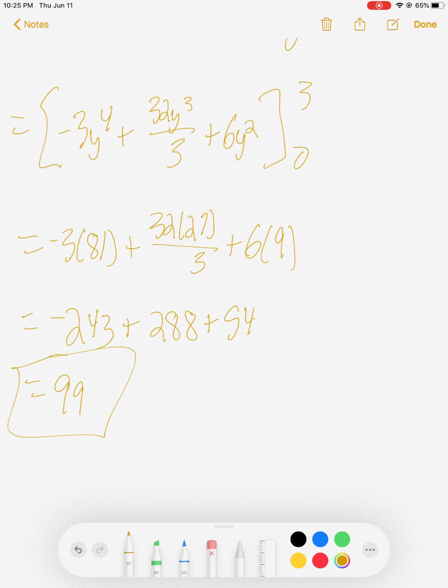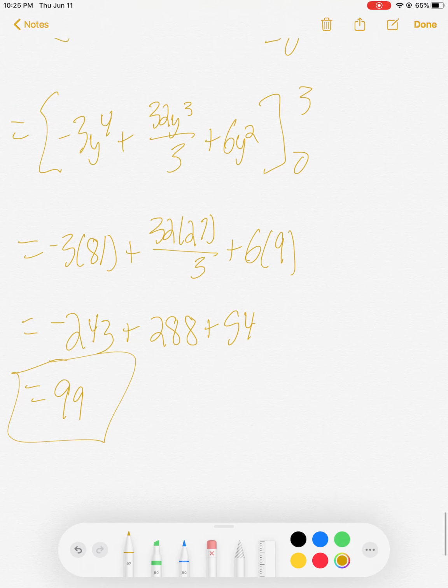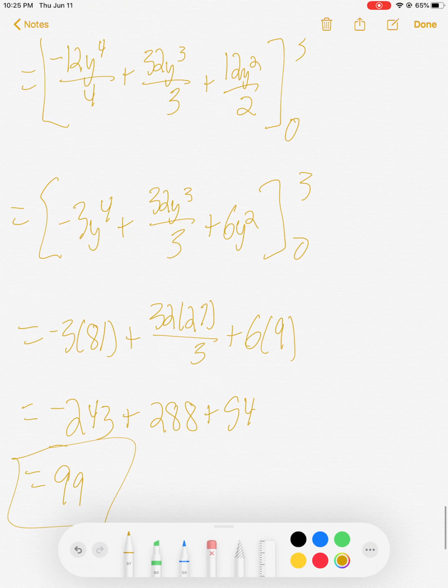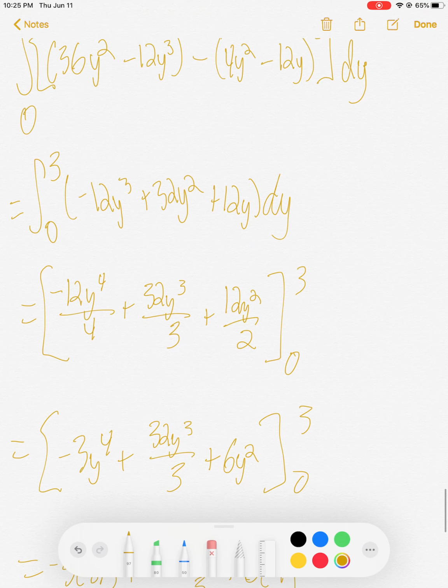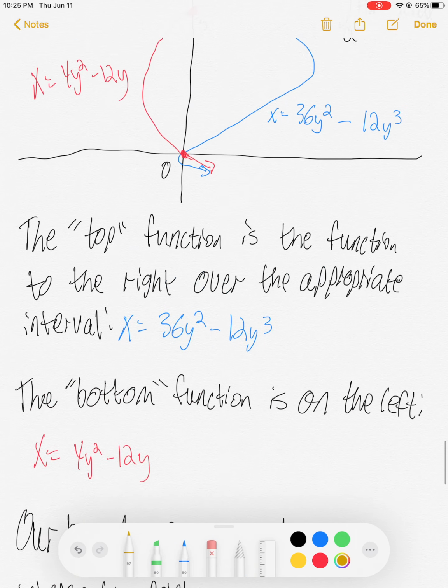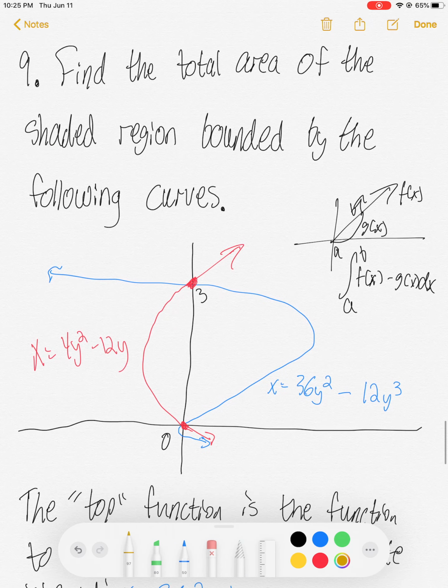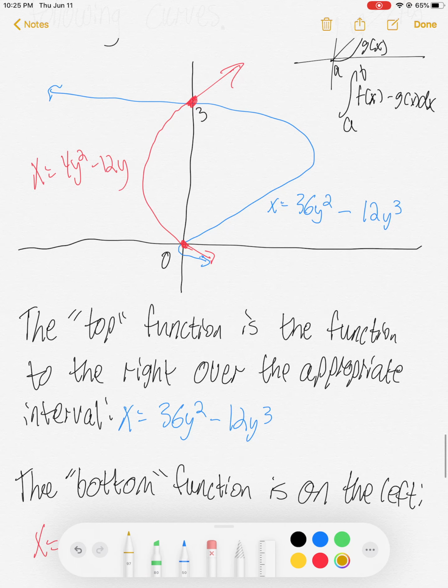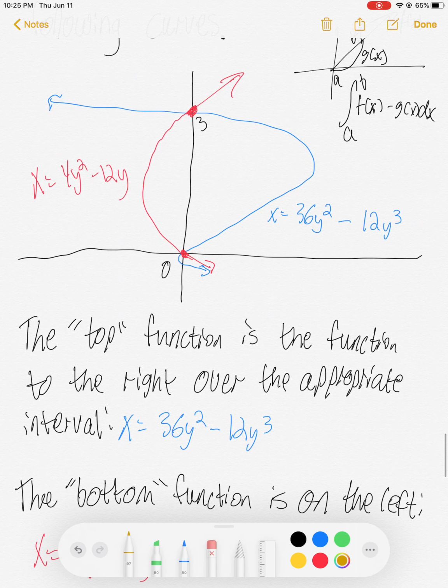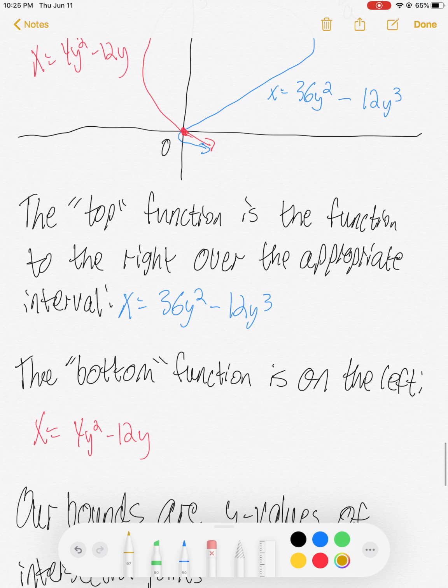I know I'm going kind of quickly through this, but I trust that you can check me if you need to. 32 times 9 plus 288, and then plus 54. 240, that's going to be 40, that's going to be, I think, 99. I'm pretty sure. Yes, well done, says my math lab. Excellent work.